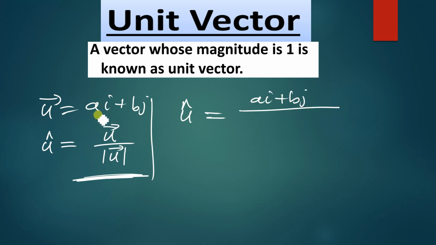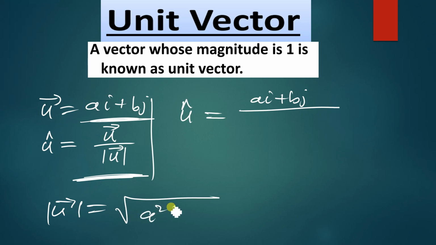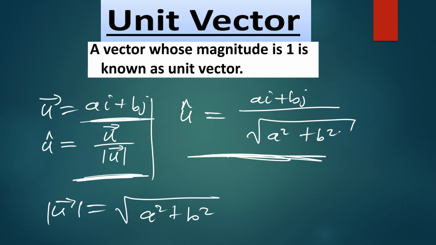Remember what we said, the magnitude of u will be equal to the square root of a squared plus b squared, and this is what we are going to put under there as the denominator. This is how you find the unit vector of any given vector.